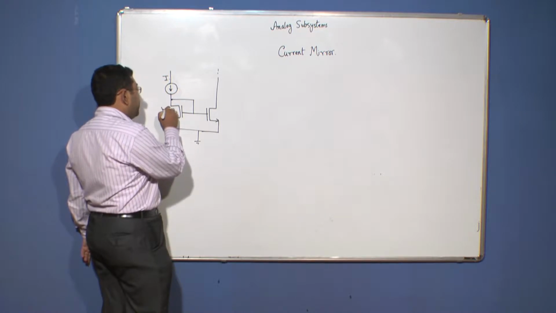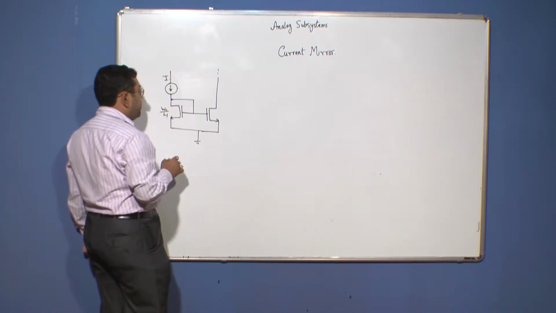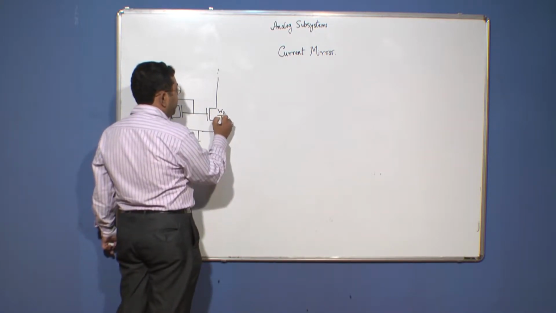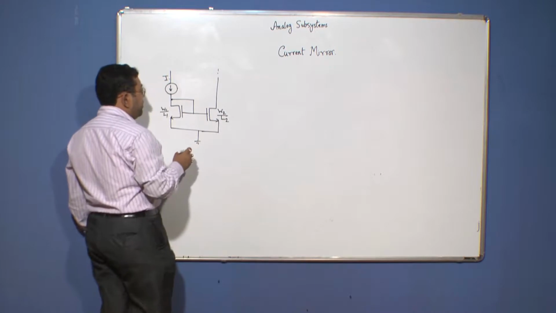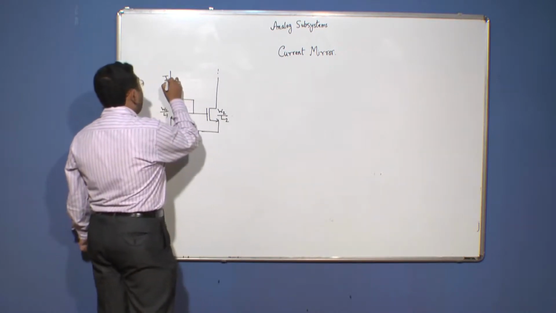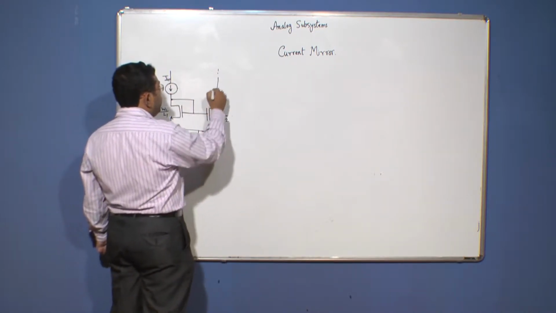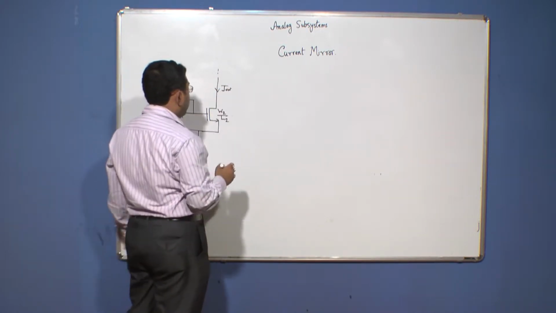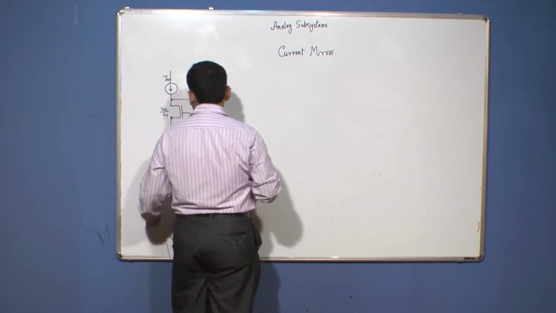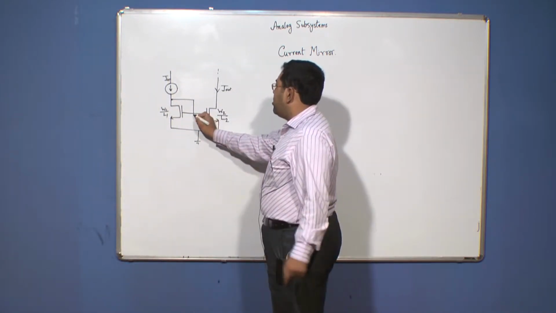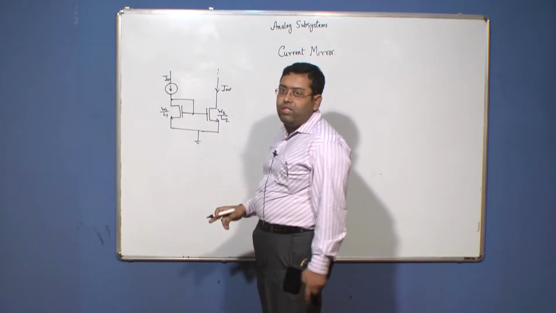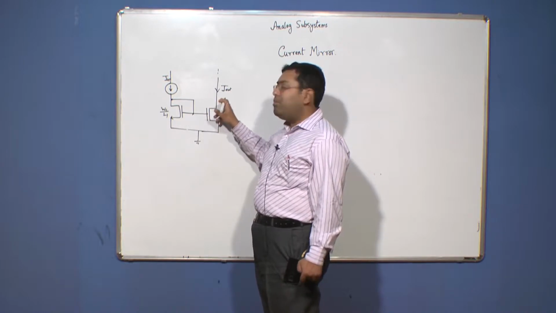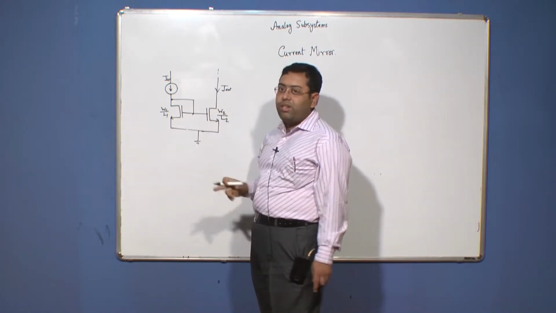So let us consider this MOS transistor has a channel width of W1, channel length of L1, and this MOS transistor has a channel width of W2, channel length of L2, and let I in be the current entering the current mirror, and let this be the I out be the output current. So now as you can see that this transistor has got its drain and gate shorted, which means that this transistor will operate in the saturation region, but this transistor has to be biased in such a way that this transistor also operates in the saturation region.